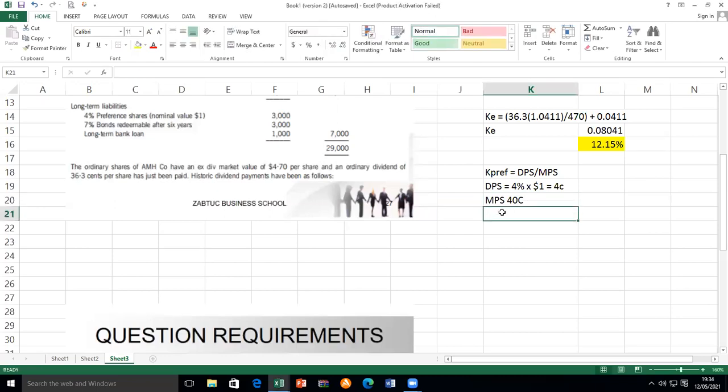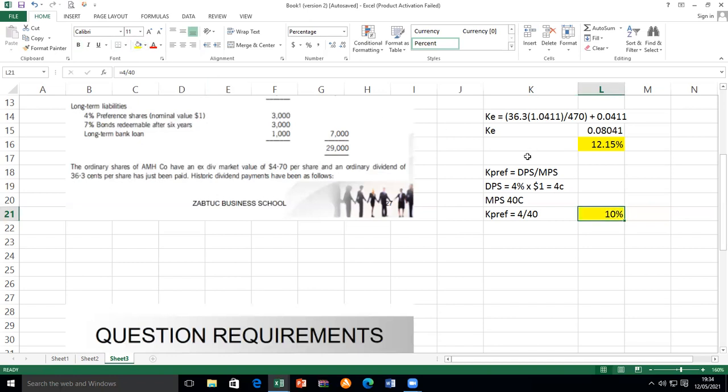So your cost of preference shares equals 4 divided by 40, 10%. Exactly, that's 10%.